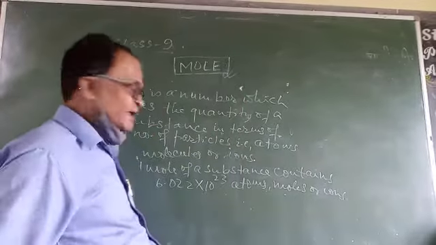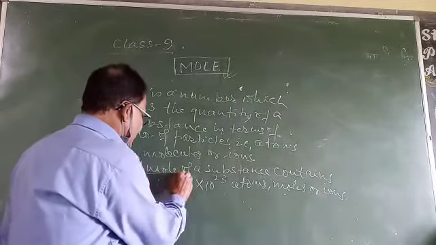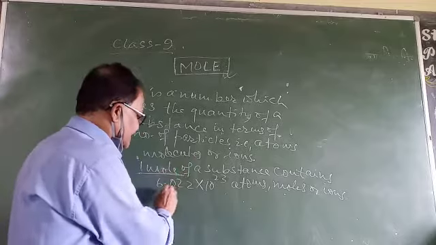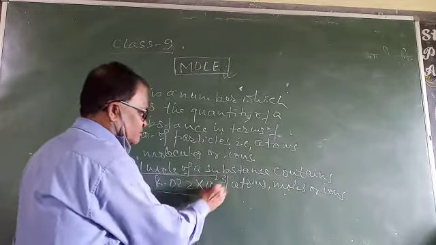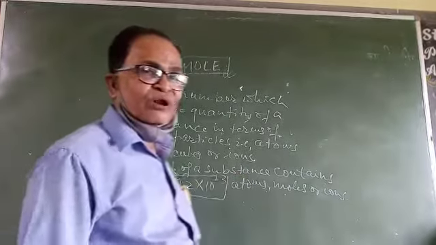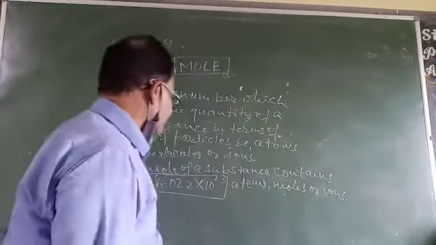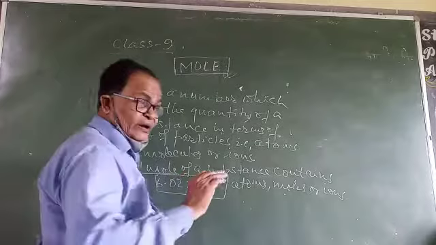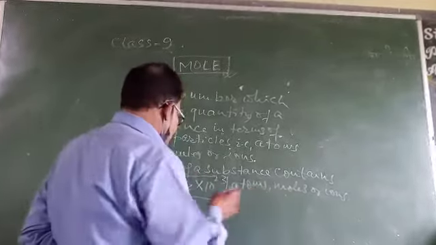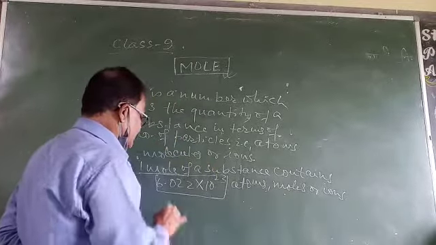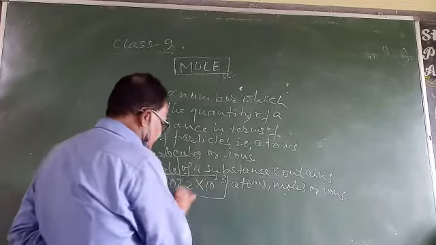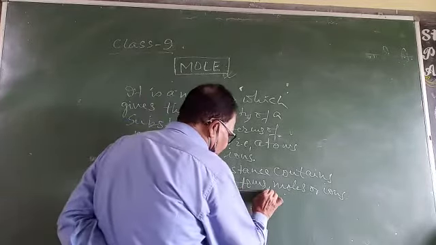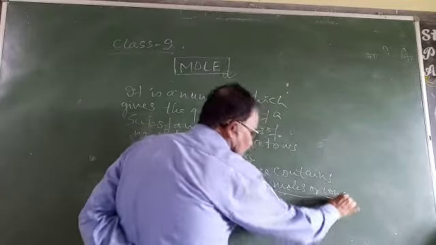Here I need to say that one mole of any substance contains this number of particles, or particles may be atoms, molecules or ions. It is also clear from here that one mole of a substance contains the same number of atoms, molecules or ions.